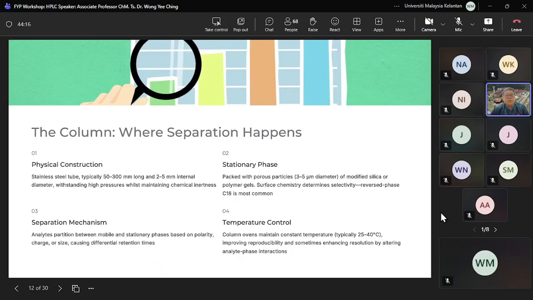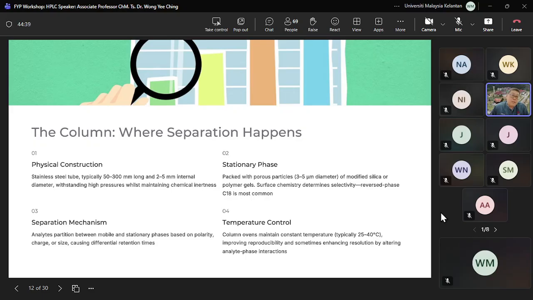So moving on, the column, this is where your compound is being separated. So choosing the right column is very important to fully separate the sample that you would like to identify from a complex compound.